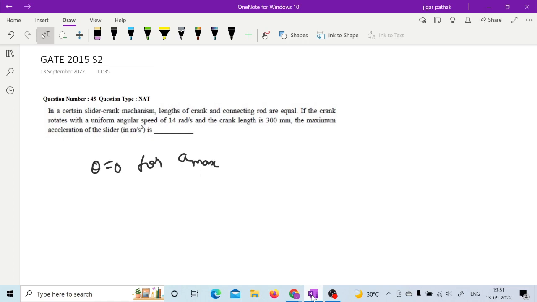There is a 2 in the denominator in sin 2 theta by 2n. You also did not mention it in the previous example. Oh, is it? One second. In case of velocity it is 2n, na? In case of this acceleration it is n only.